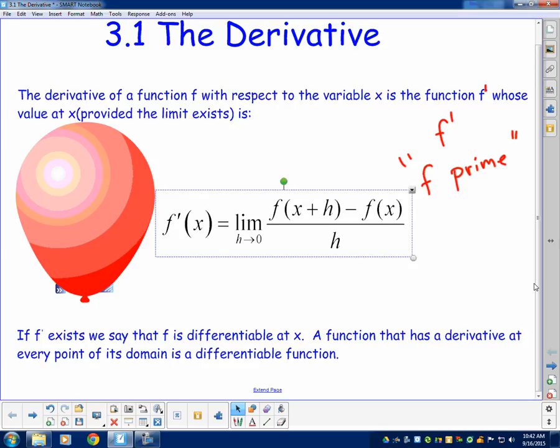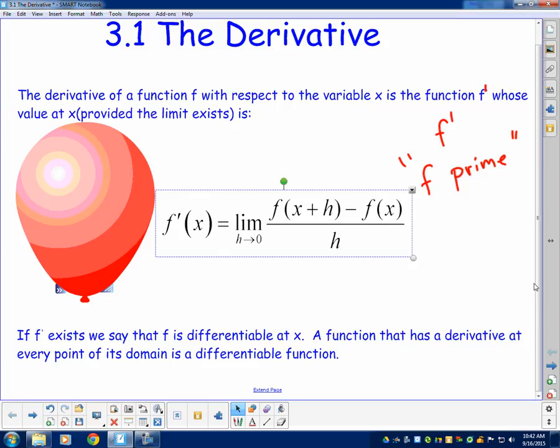Not necessarily. We'll get into that. Good question. The question was: if a function is continuous everywhere, does that imply it's differentiable everywhere? If a function is continuous everywhere, will it have a derivative at every point?